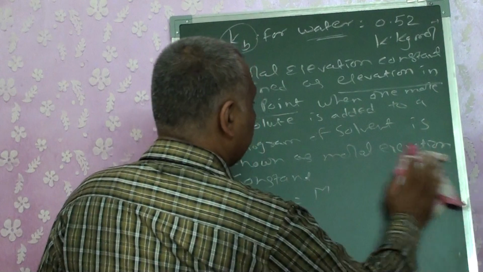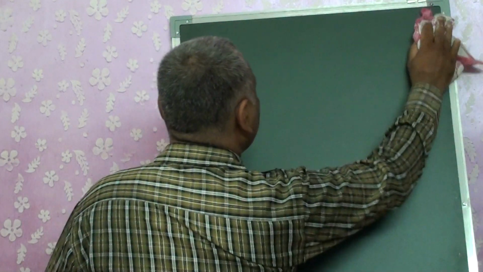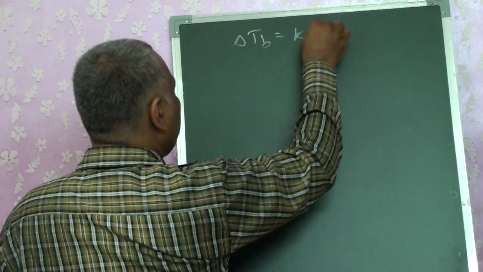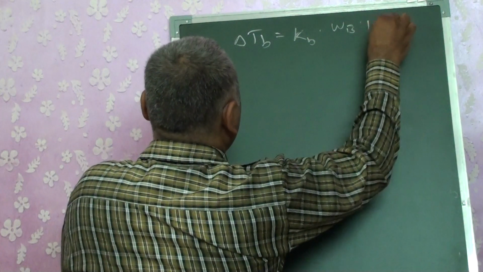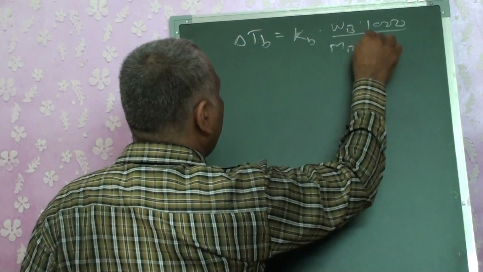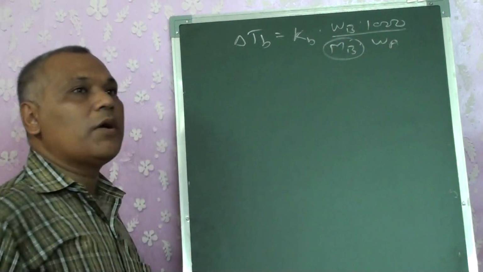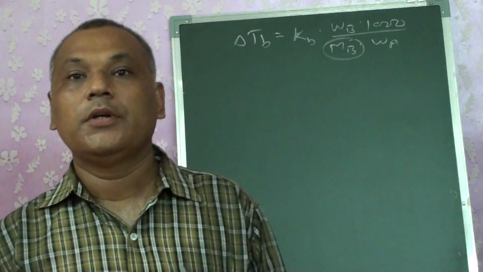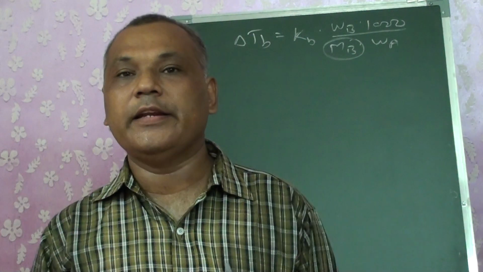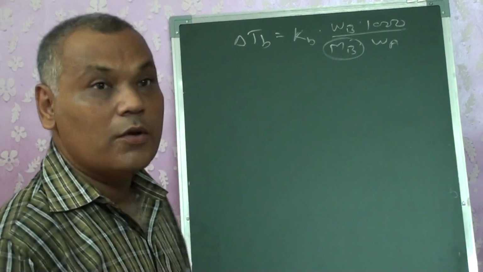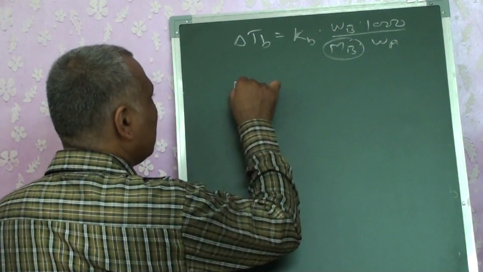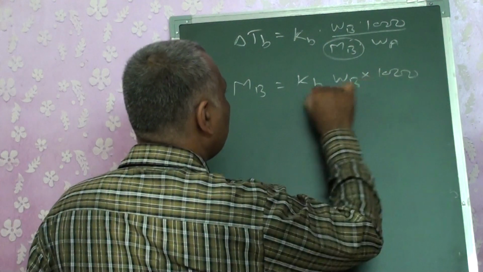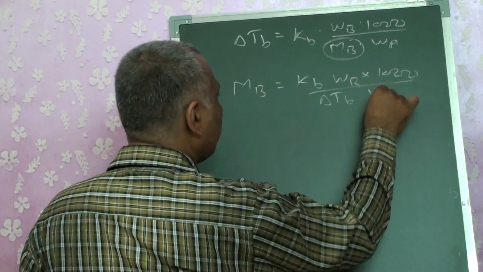The third factor: we wrote the elevation in boiling point as Kb Wb 1000 upon MB Wa. If I want to calculate the molar mass of any given solid solute added to it, I can make it the subject and get Kb Wb 1000 upon delta Tb into Wa.